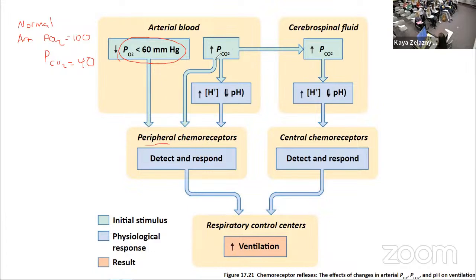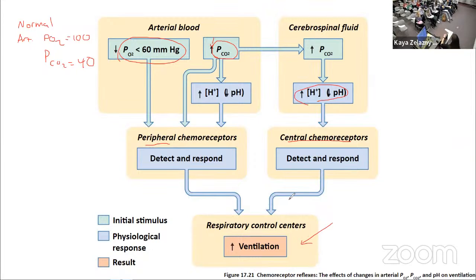Okay. Rises in carbon dioxide of any type, right? We're not comparing to any value here. Just as soon as it starts to rise, those peripheral chemoreceptors are responding. Okay. Central chemoreceptors are also responding. There's just a slightly indirect mechanism that involves pH, and you're going to increase breathing in both of these cases.